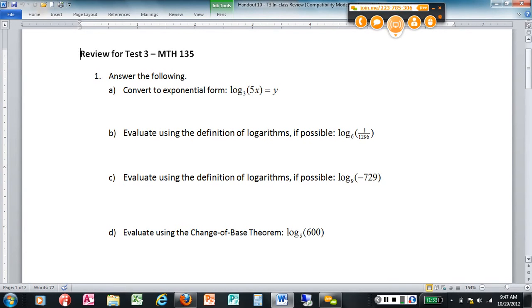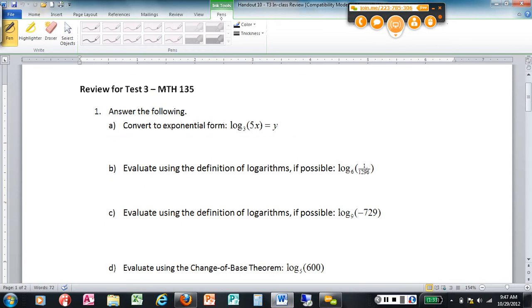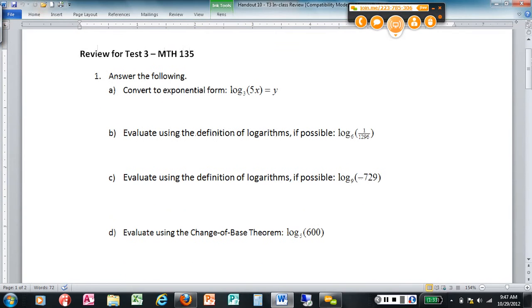And in the definition of logarithms, we have a conversion from logarithms to exponentials. And so that's 1A, I'm asking you there. Convert this logarithm to exponential form. And so how does a logarithm work? Well, in our logarithm form there, what base do I have?